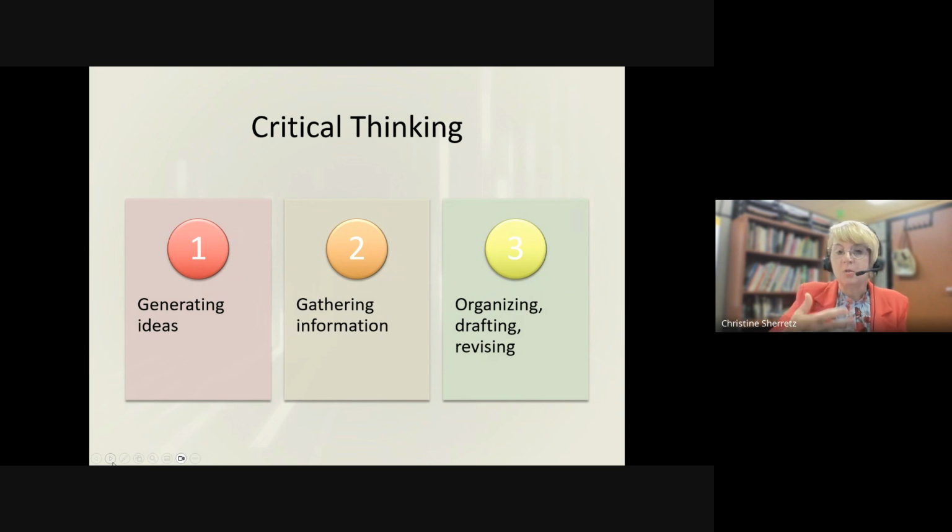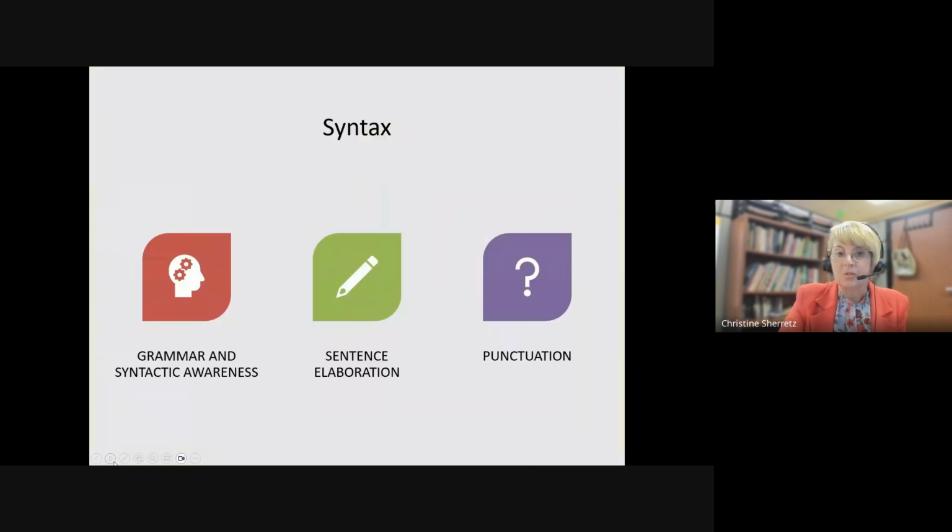They then need to draft, revise, edit, and then they need to have the opportunity to share their work. So generating ideas is a part of critical thinking. Gathering information, doing your research, is a part of critical thinking. And then finally, organizing, drafting, and revising, which is that writing process. So critical thinking is a necessary step in that strand.